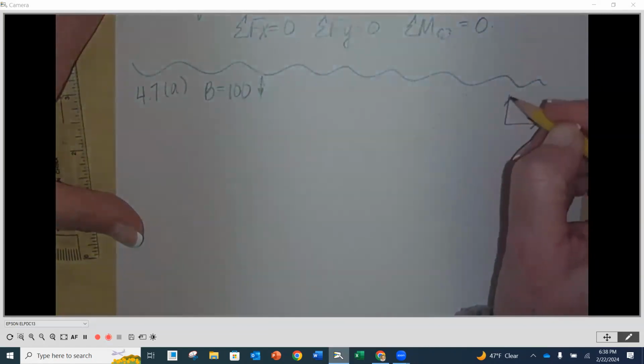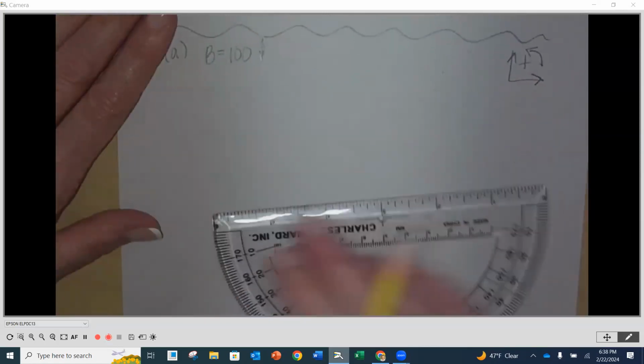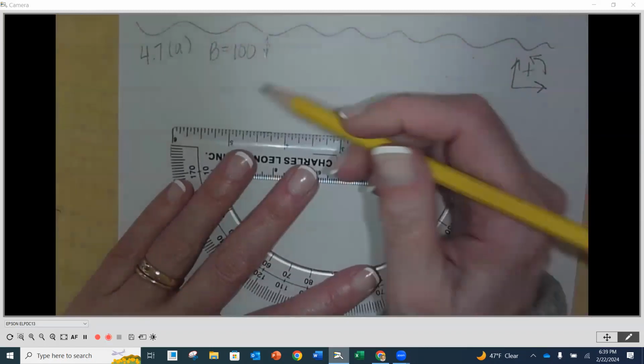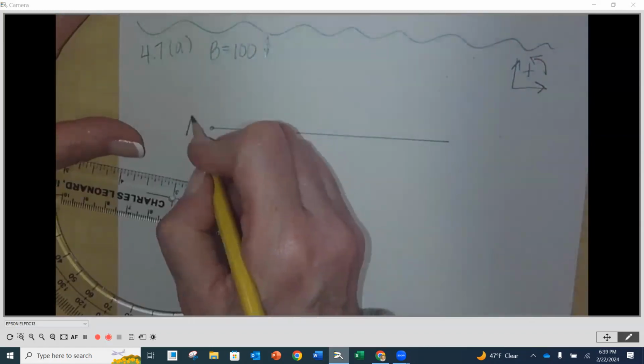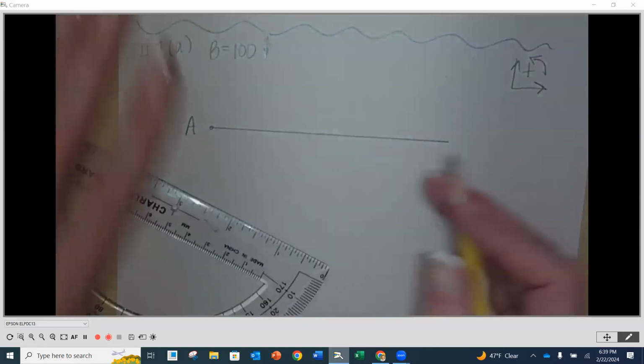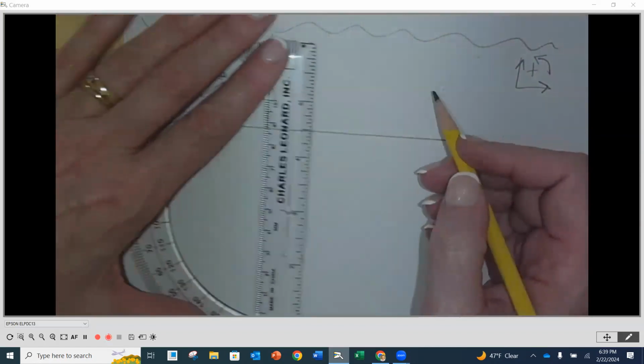And we want to put our convention in place. So we're simply going to draw that beam. A, 300.